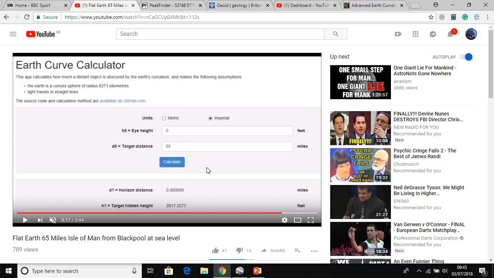I think at this point it's useful to mention the shortcomings of curvature calculators. They all base the shape of the Earth on a sphere. Most of them use a radius of 6371. Some use a slightly different radius, but that's not too important. The point is they're using a sphere.